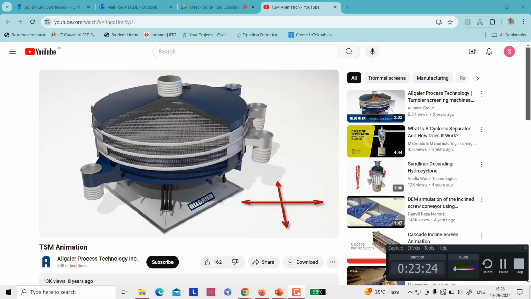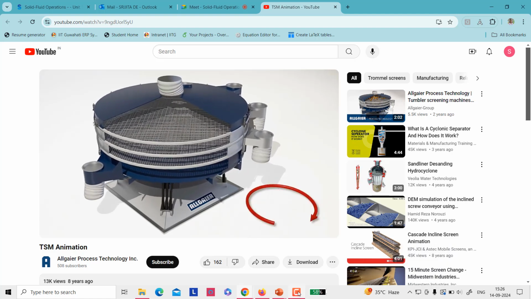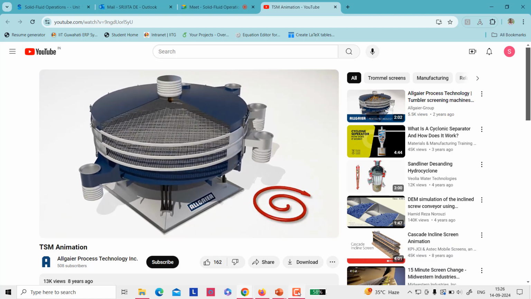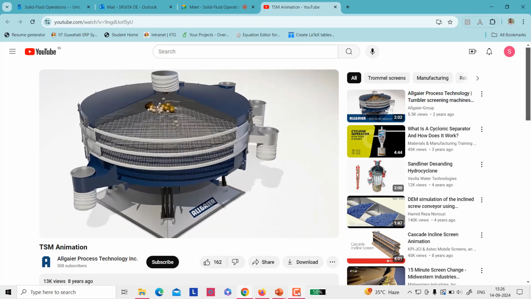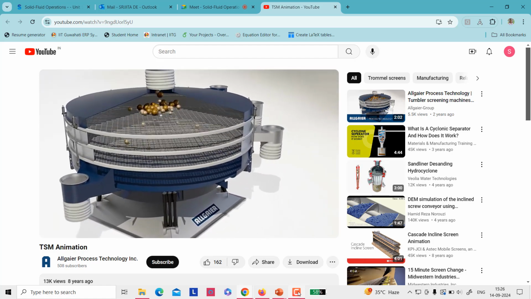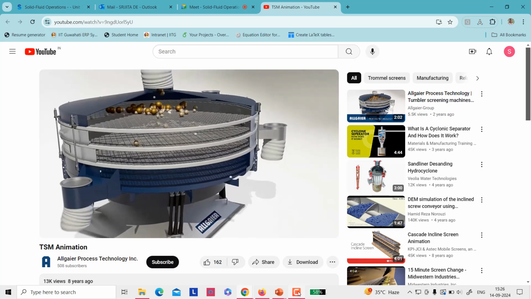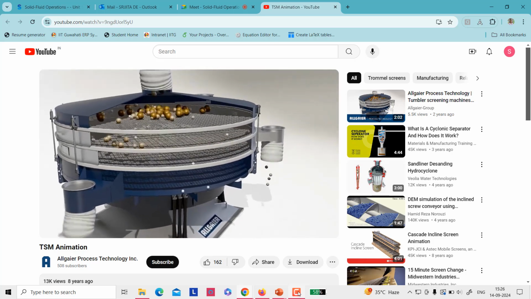You can see that the whole system is shaking or rotating, and particles are separated by the size of the mesh.